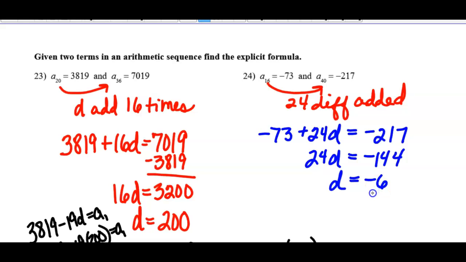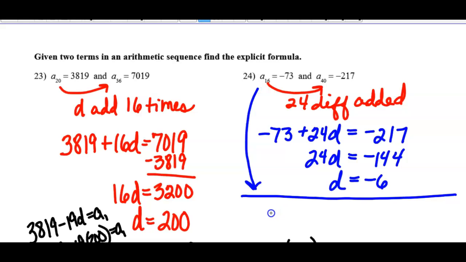So now to go back and find the first term, okay, I do a separate problem. I go up here and I say the 16th term, okay, the first term plus 16 differences got us to -73.